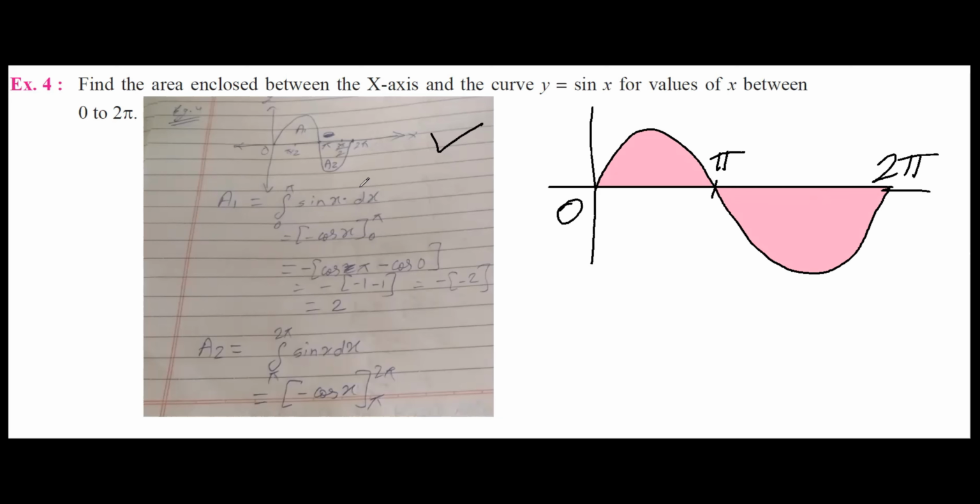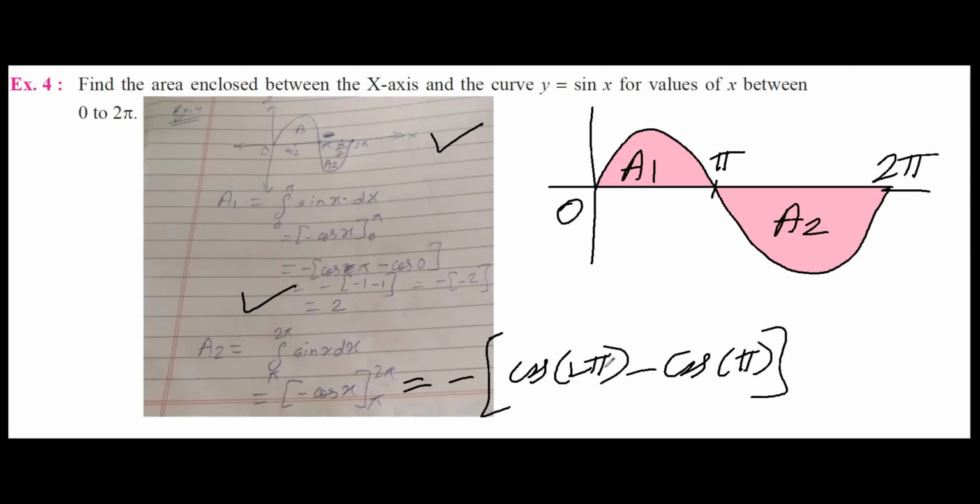So the step which you did, integration 0 to pi, very good. This is your A1 and this is your A2. A1 you did from 0 to pi of sin x, integration of sin x is minus cos x, very good. Minus cos of pi minus cos of 0, this is minus 1, perfectly correct. Now A2 is sin x dx, this is correct. Next it is minus cos of 2 pi minus cos of pi.